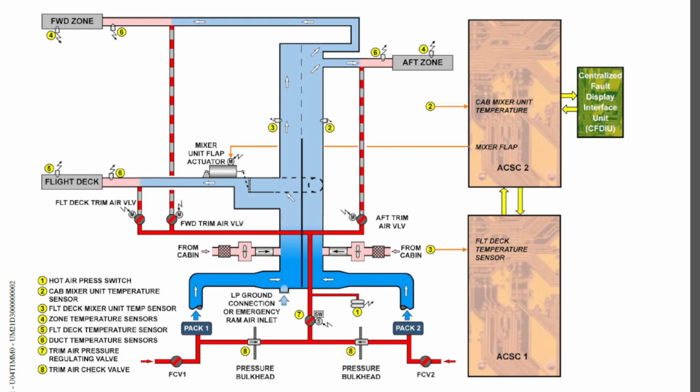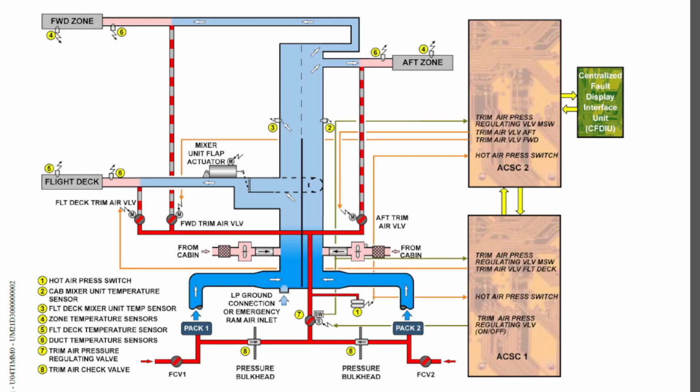If you have a look at the diagram, you will see that you have 2 computers here, and these 2 computers will control their own sensors and valves accordingly. You can see that air conditioning system control computer 2 is the only computer connected to the CFDIU, or the central fault display interface unit.